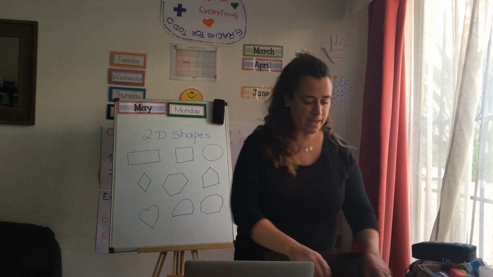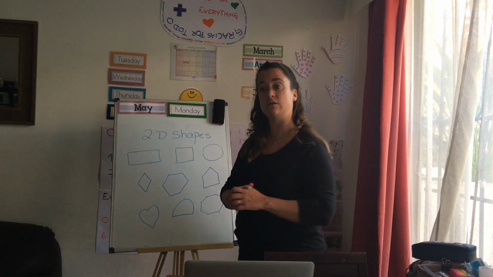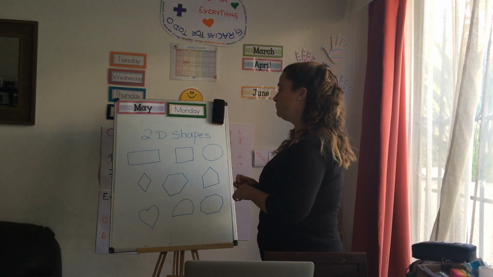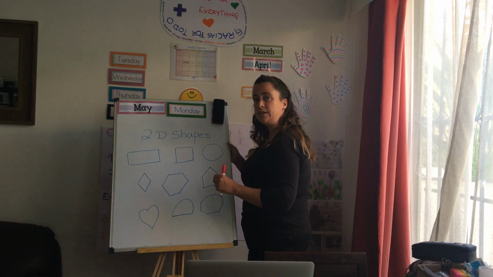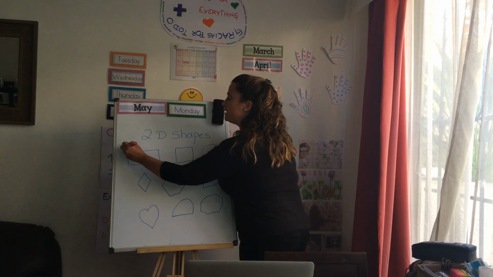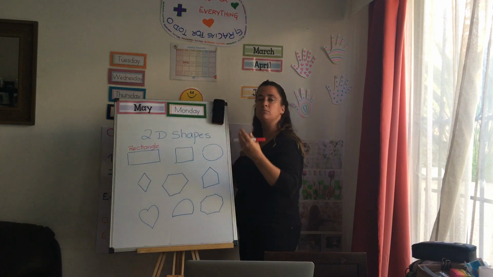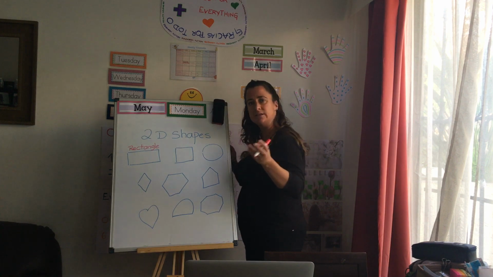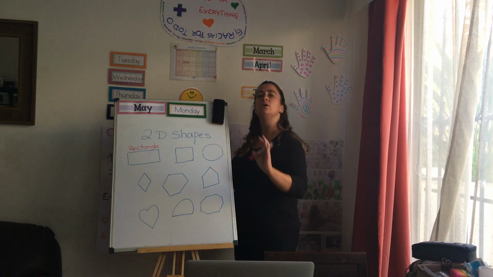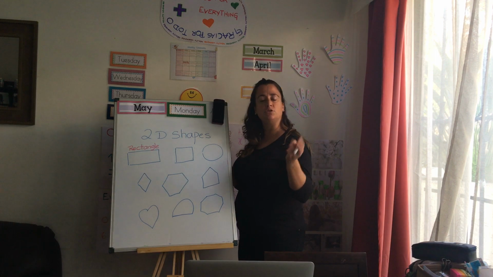Fantastic. Now, let's write the names, okay? Let's name them. The first one is a rectangle. These shapes, we know them. We've known them for many years, right? We see them in preschool, we see them in first grade, we see them during all our life.